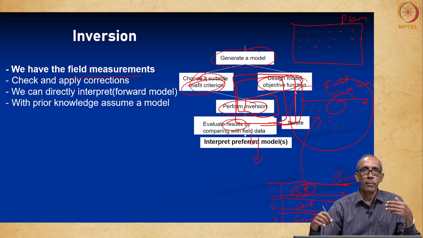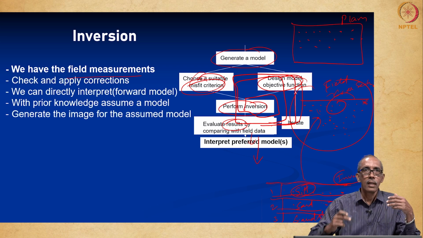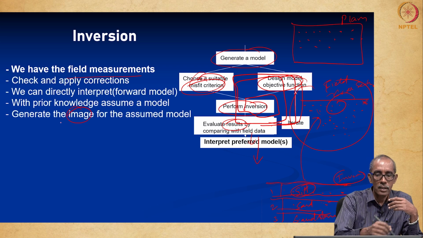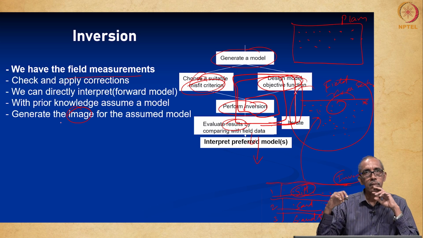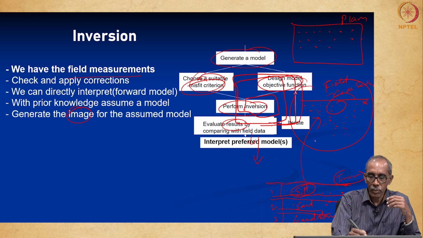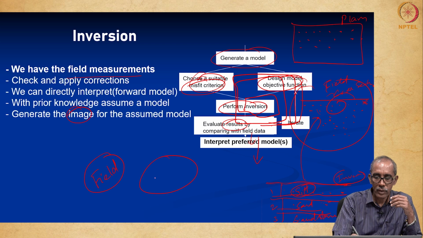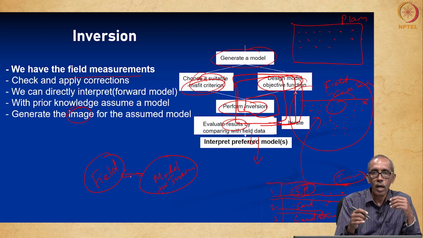Suppose both are matching well, what does it indicate? If both are matching well, then we generate an image from the assumed model. That means the field derived data matches with the model we have assumed for inversion. We compare these two always.